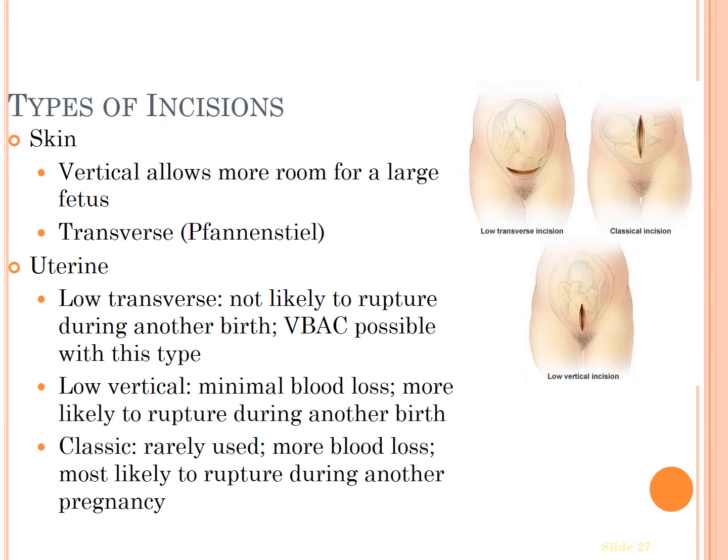Then you have your uterine incisions. Okay, uterine incision. You have a low transverse, and it's just like the transverse or the Pfannenstiel incision. This is not as likely to rupture during another vaginal delivery or during another labor. And in these situations, when it's low transverse skin and low transverse uterine incision, a VBAC may be possible.